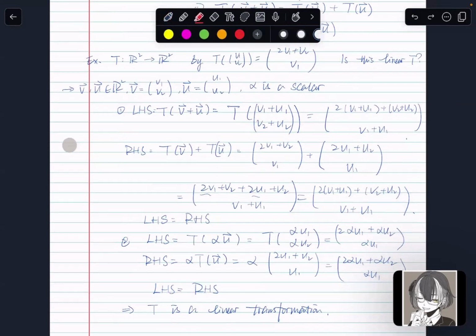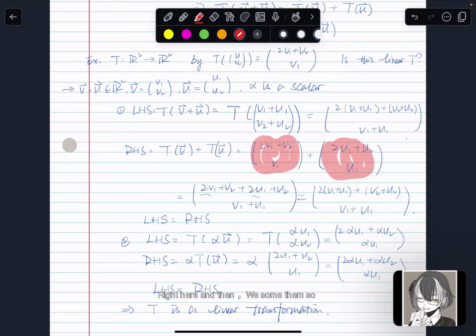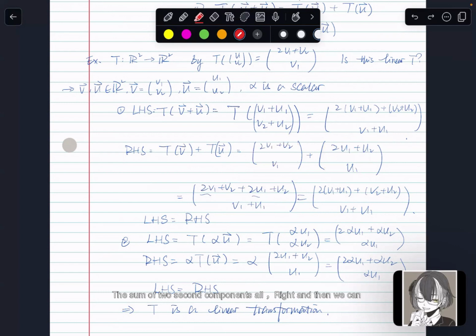So first component plus the second component, and the bottom is the sum of the two second components.